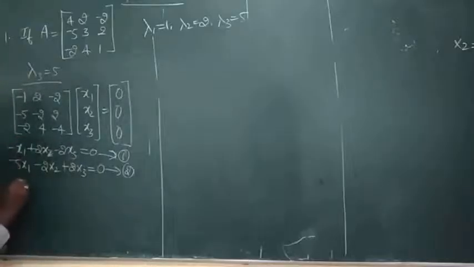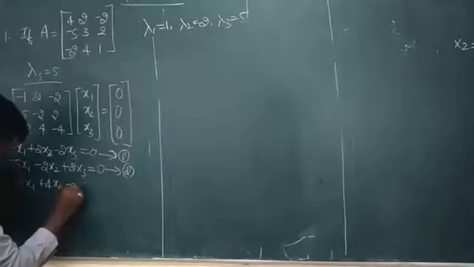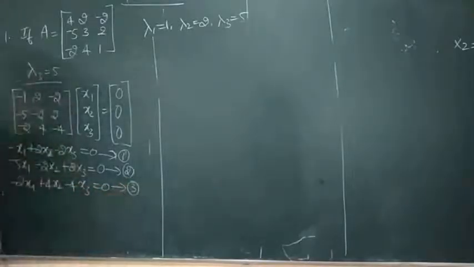And minus 2x1 plus 4x2 minus 4x3, which is equal to 0. We call that equation number 3. Therefore, from equations 1 and 3, by adding, we get the value of x1.